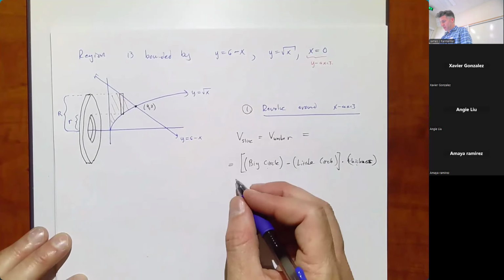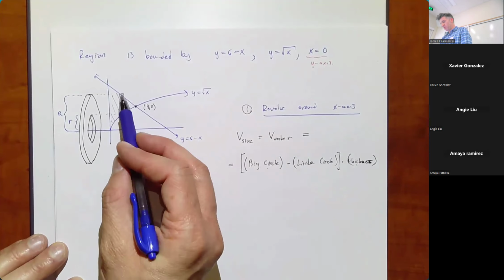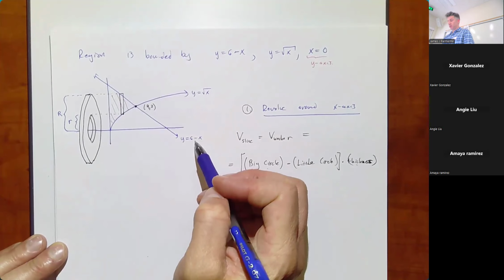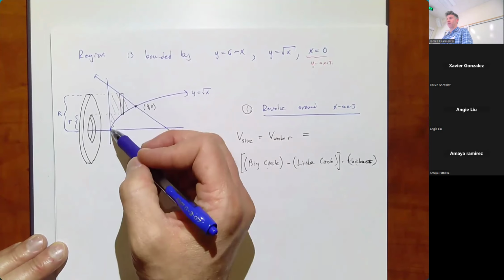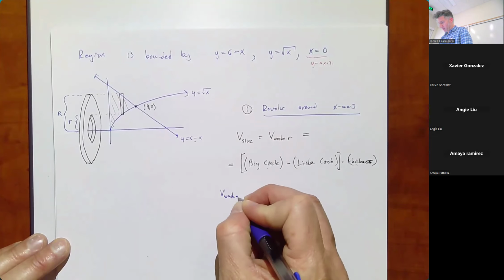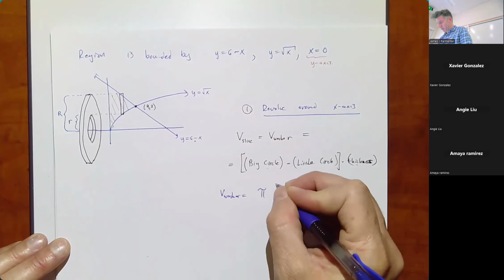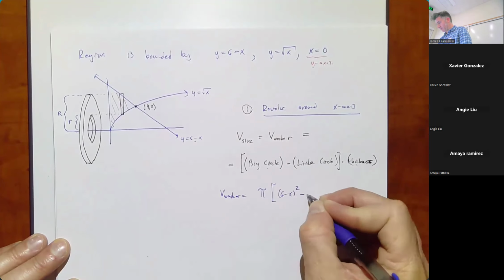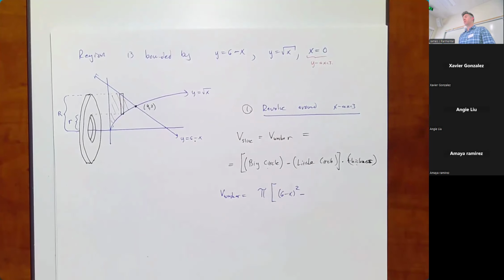Right. See, it's the big circle. The radius is 6 minus x. The little circle, the radius is square root of x. So the volume of my washer here is going to end up being pi times the big radius squared minus the little radius. I'm going to change my language there just a second.